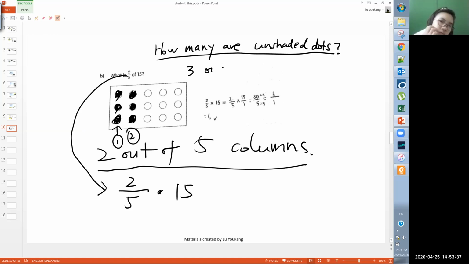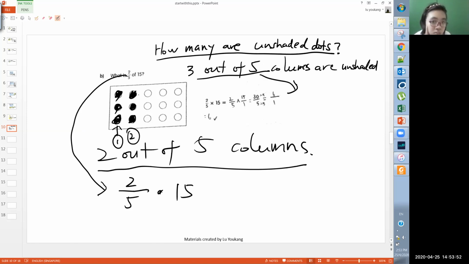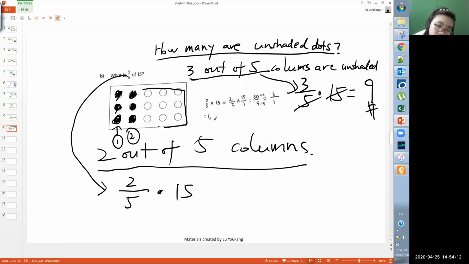So 3 out of 5 columns are unshaded, right? So what's the fraction? 3/5. Very good. So the total is 15. So 3 over 5 times 15, you get 9. That's why you get 9 dots unshaded.